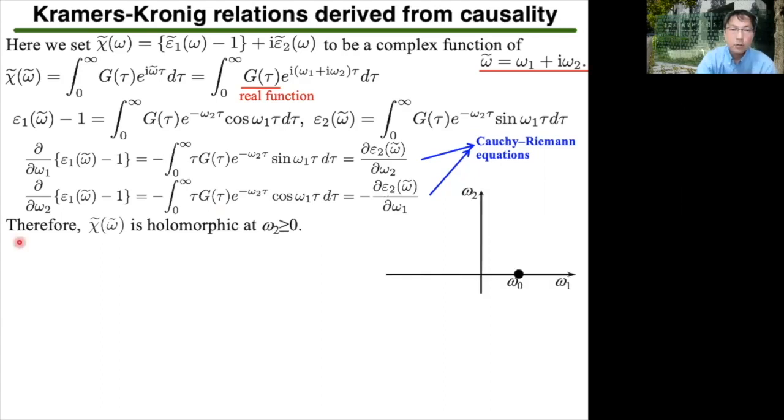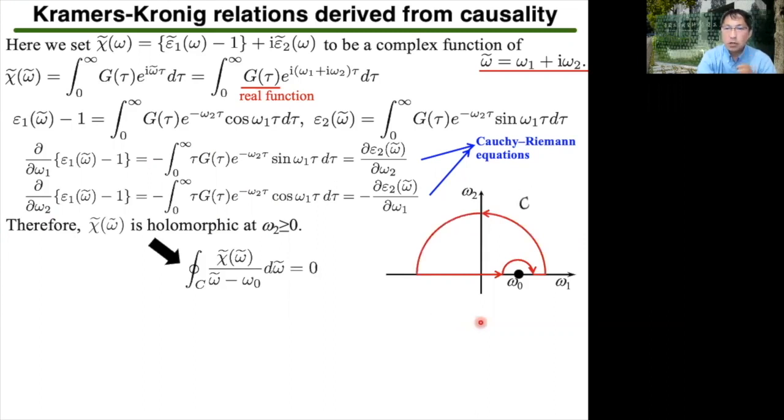Then we consider the integral of chi-tilde over omega tilde minus real number omega 0 along the closed path C, as shown in this figure, where the singular point omega tilde equal to omega 0 on the real axis is avoided.